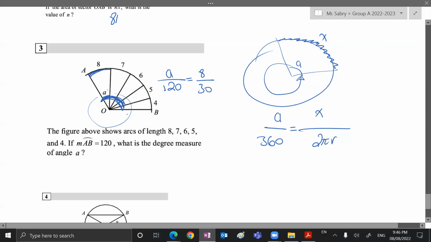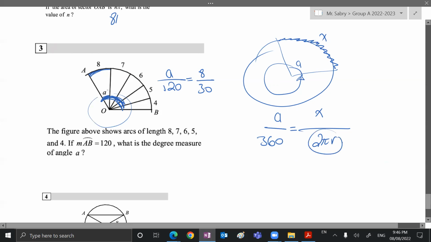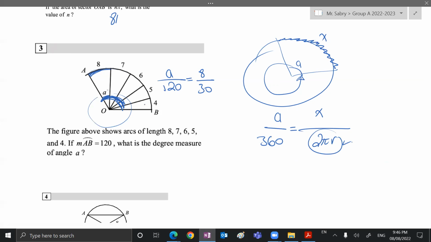So it's the exact same concept, but instead of doing it for a full circle, I'll do it for this tiny part. Instead of finding the actual circumference, I don't need the circumference, I already have the length, the circumference of this part only from A to B, which is 30, by adding them up.